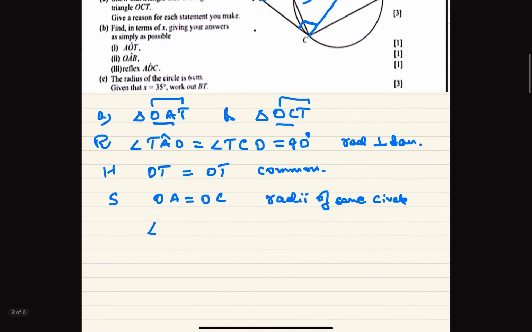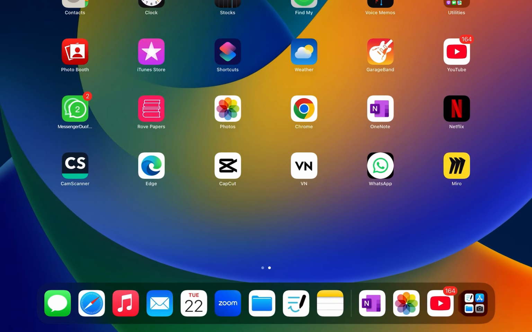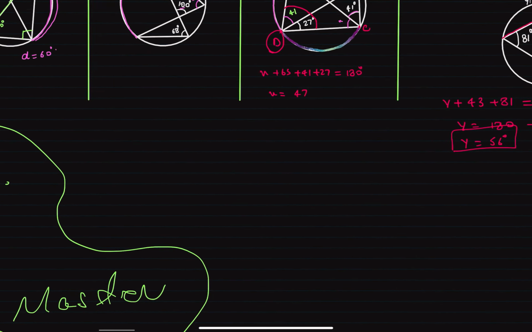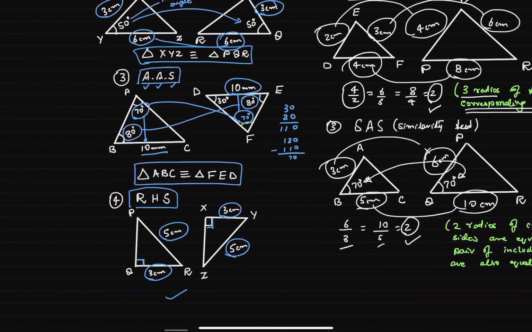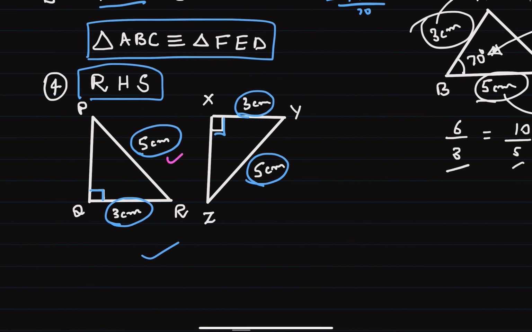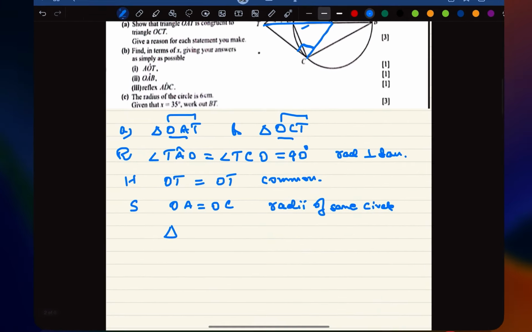So that means you actually managed to prove, according to the property that we have discussed, that if hypotenuse and one other side are equal, these two triangles are congruent, right?